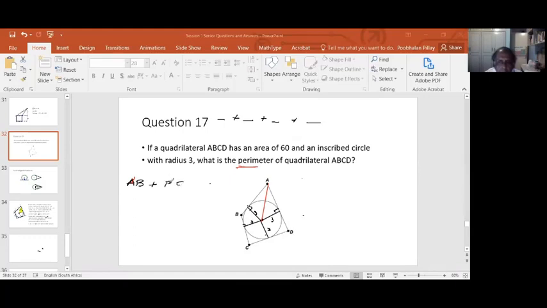It's the sum of the 4 sides. That's what you mean by perimeter. So this is the question: what is AB plus BC plus CD plus DA?